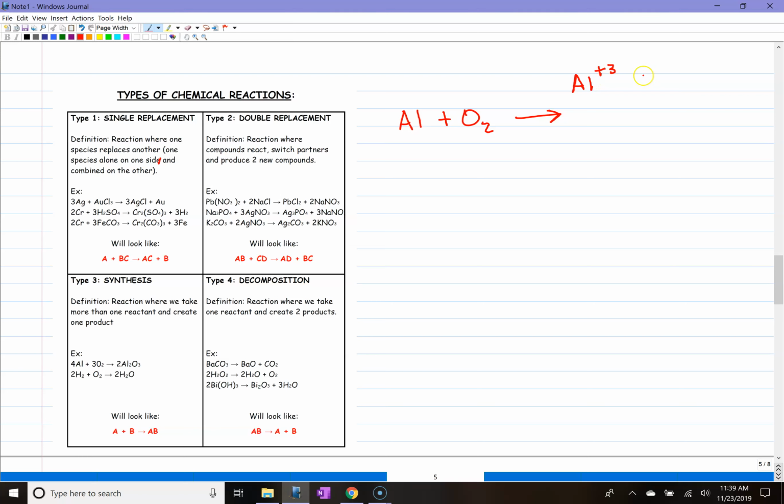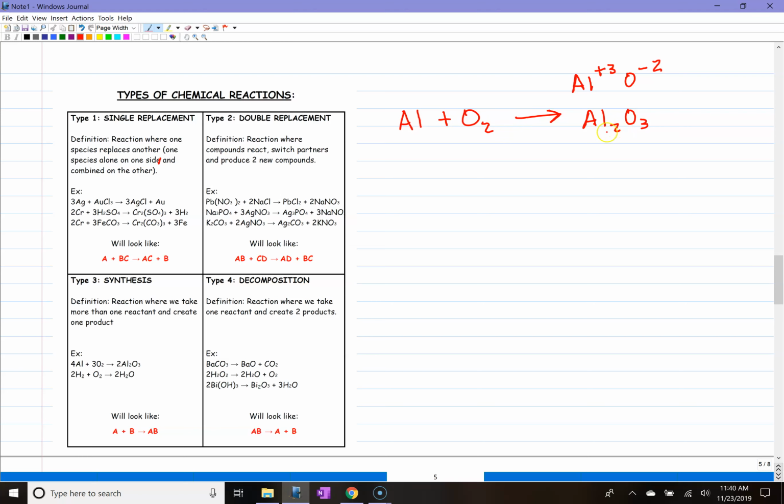Aluminum has a +3 charge, oxygen has a -2, so your product is going to be Al2O3.